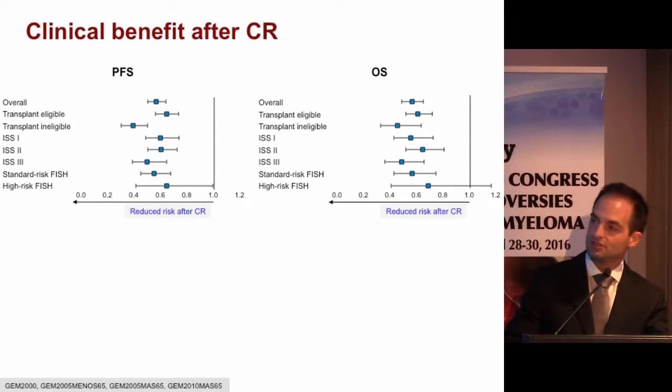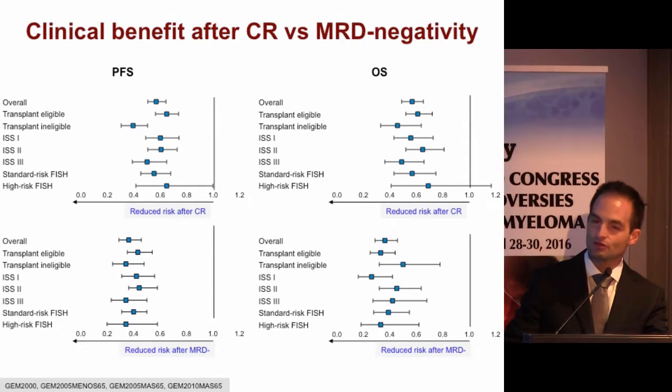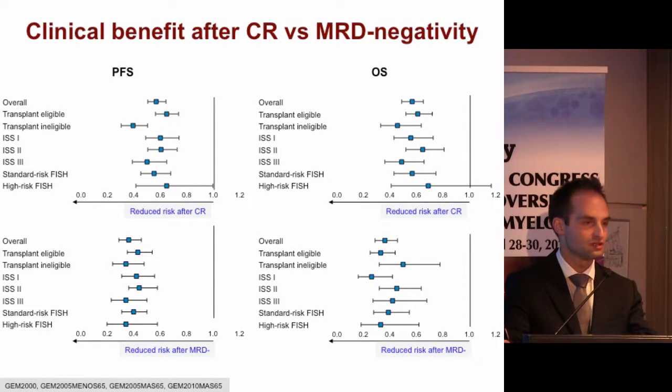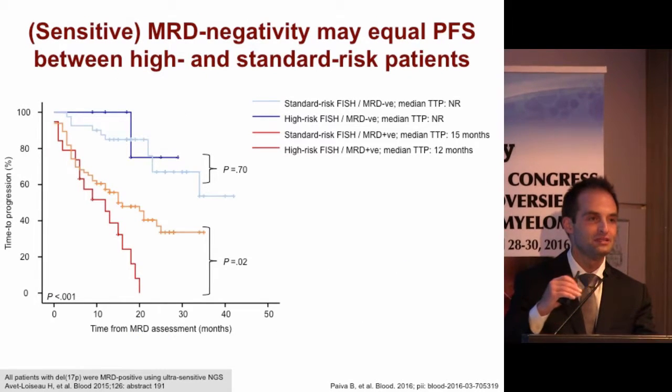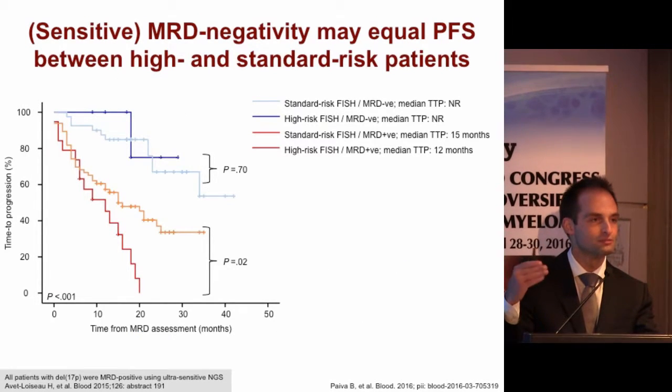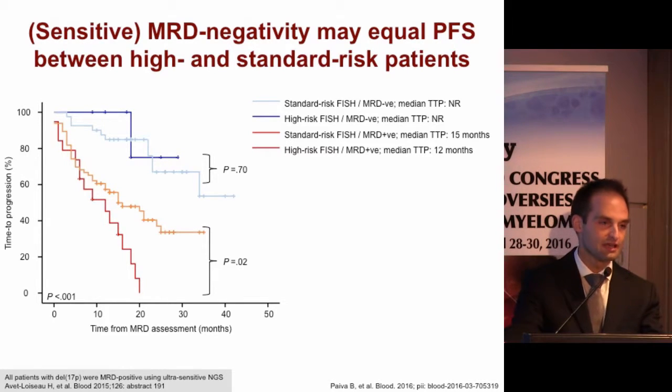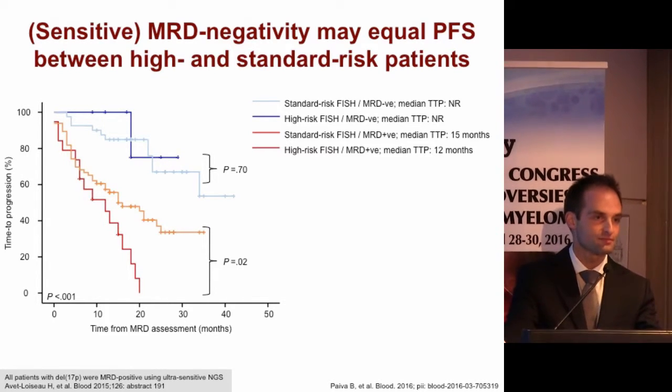In transplant-eligible, transplant-ineligible patients, irrespectively of the ISS, irrespectively of FISH cytogenetics. And this is important because it might be that with sensitive MRD monitoring, MRD negativity may equal survival of high-risk and standard-risk patients.